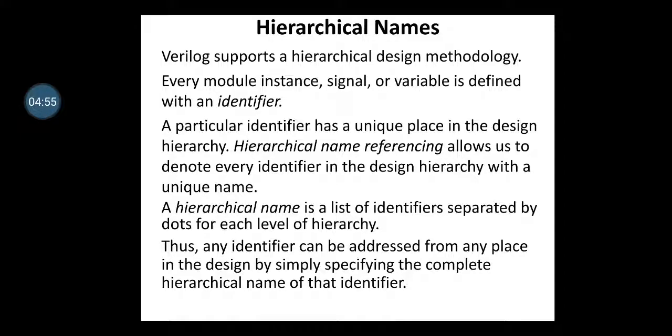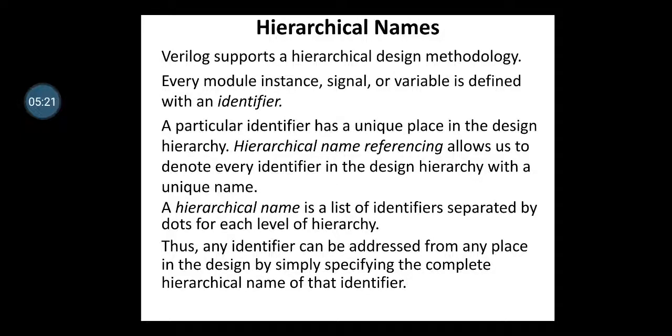The same approach is followed in Verilog design, wherein we have a unique place for each identifier. Each variable that you have called in the program has its own level of declaration. Hierarchical name referencing allows a programmer to denote every identifier in the design hierarchy with a unique name.